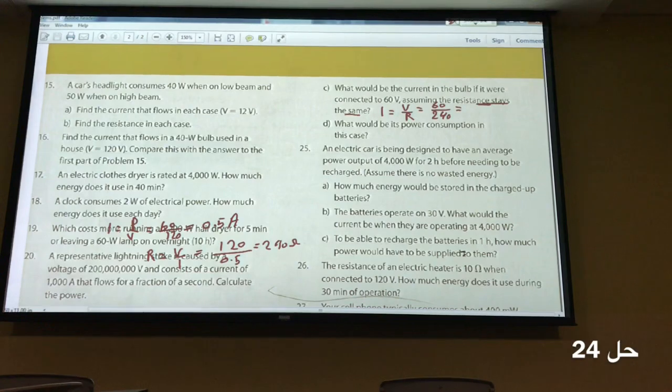So you're going to use the same. 0.25. D, the power in this case is IV, which is 60 multiplied by 0.25 equals 15 watt.